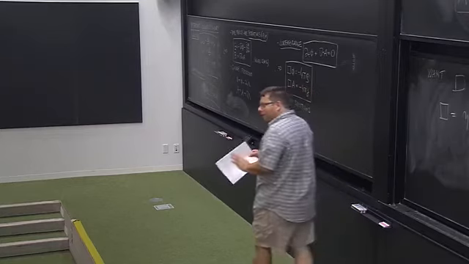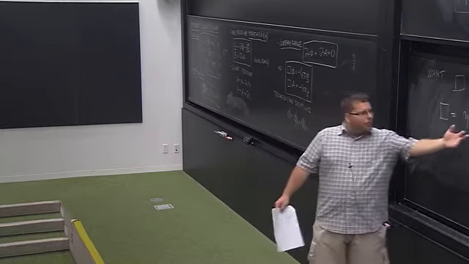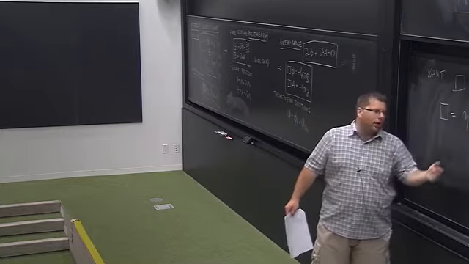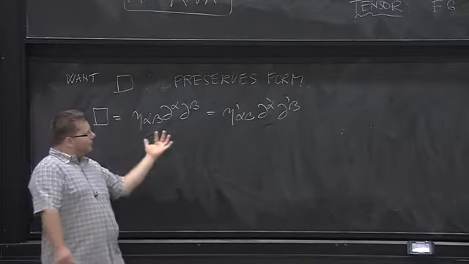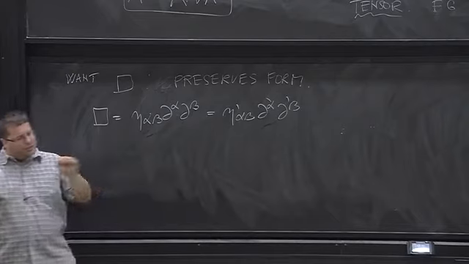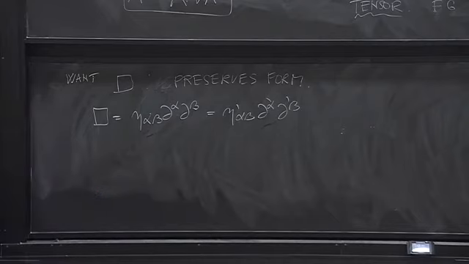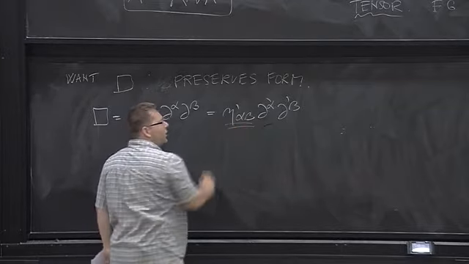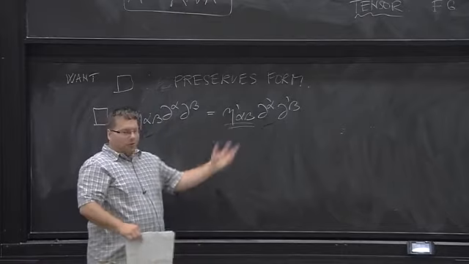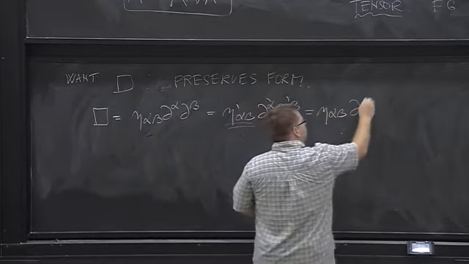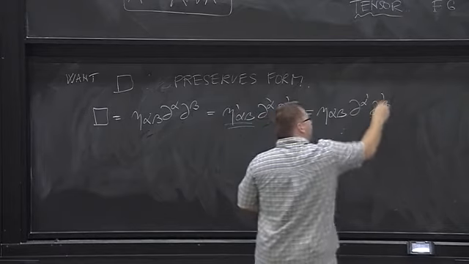This thing is just minus partial squared over t squared plus d squared over dxi squared. I want the same form, so it must also be minus d squared over dt prime squared plus d squared over dx prime i squared. In other words, eta does not change, because otherwise I would change the form. So this is equal to eta alpha beta d alpha prime d beta prime.